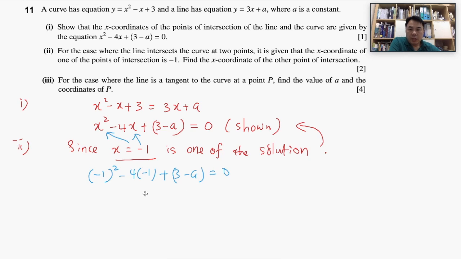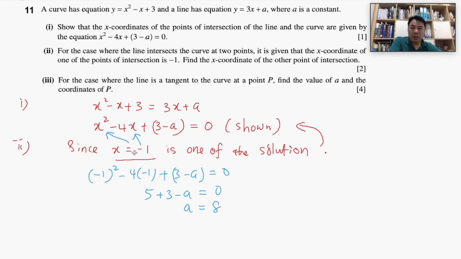Right? So from here we have, hold on, just let me clean this up. Okay, so we have here 5 plus 3 minus a equal to 0 there. So therefore a is equal to 8. So a is equal to 8, but that is not what we are trying to find here.